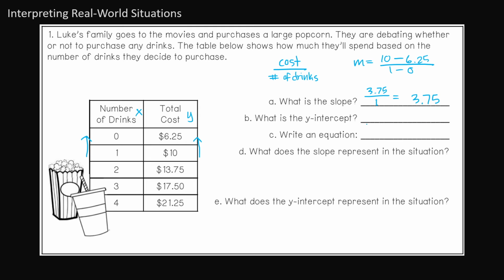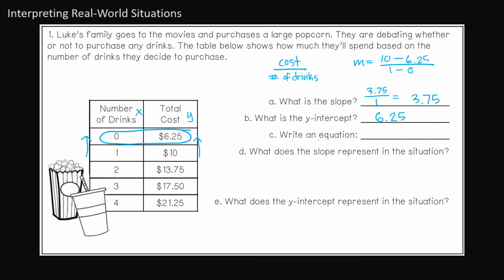The y-intercept is the value where x equals 0 in the table. So I'm seeing this point right here. When x is 0, y is 6.25. So that means the y-intercept, the starting value, is 6.25. That means without purchasing any drinks at all, we're paying 6.25.